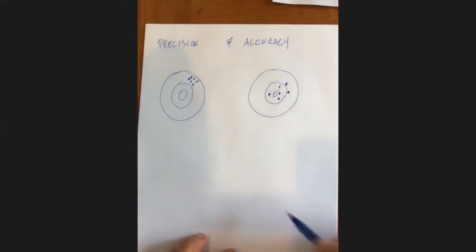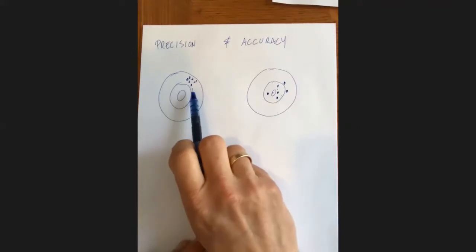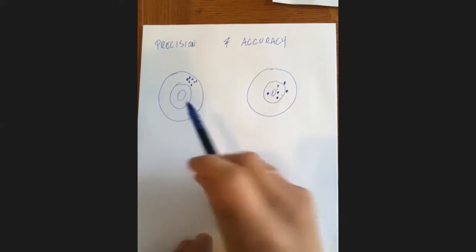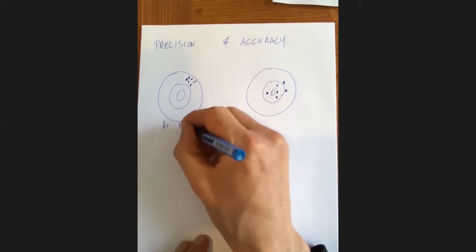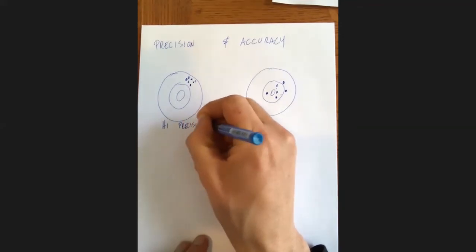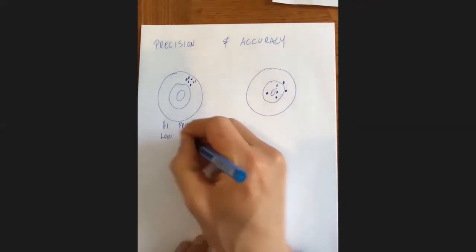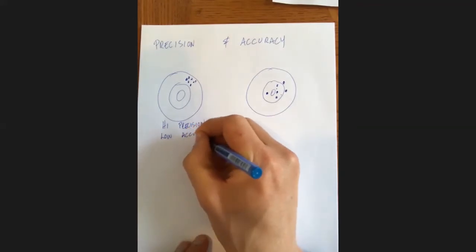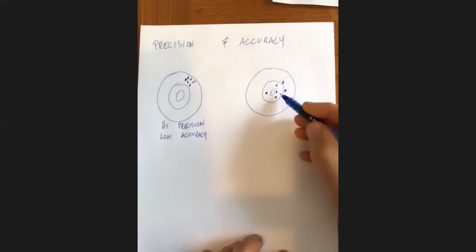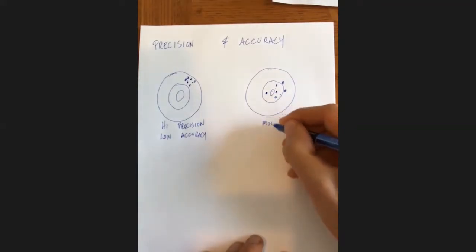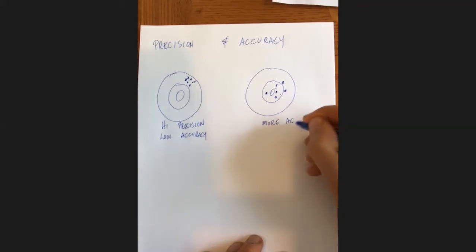So over here, we would say this is the one for high precision, low accuracy, right? And over here, this one is more accurate than the one on the left, right?